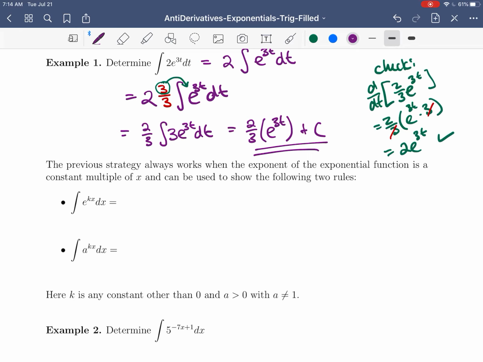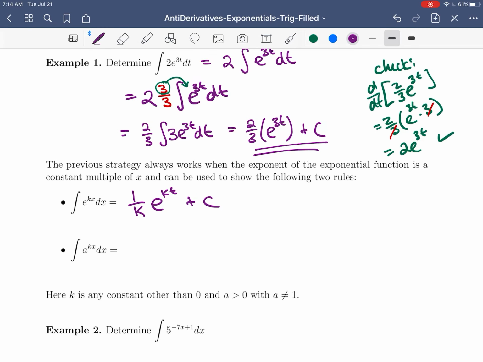So the antiderivative of e to the kx dx is going to be 1 over k e to the kx plus c. So we're going to get an extra factor of k when we differentiate this thing, and this 1 over k is going to kill it off so that we only end up with e to the kx.